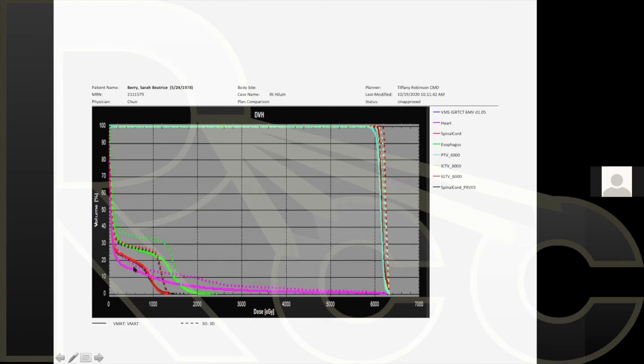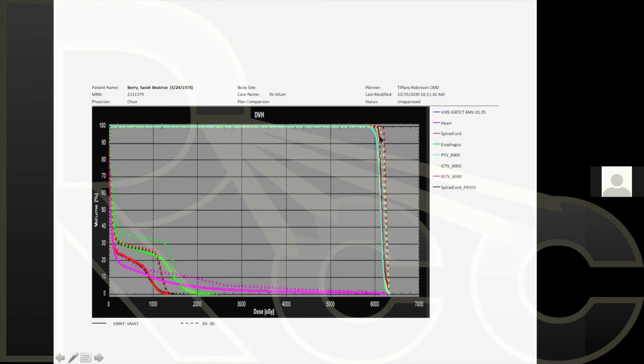You can see the 3D conformal plan was treating much more normal tissue than our IMRT plan, which is the solid line. The heart, the lungs, everything is getting more dose with the 3D conformal plan than the IMRT plan.